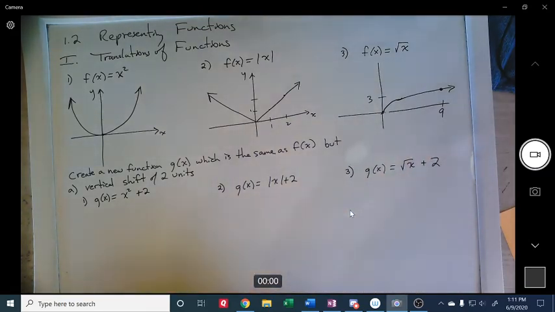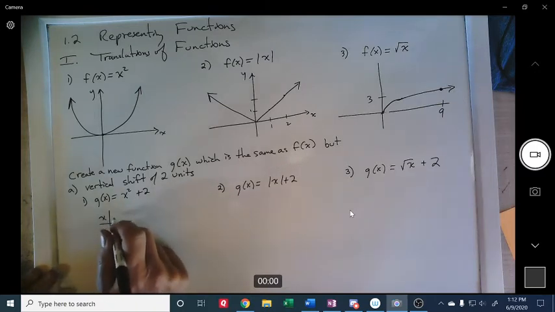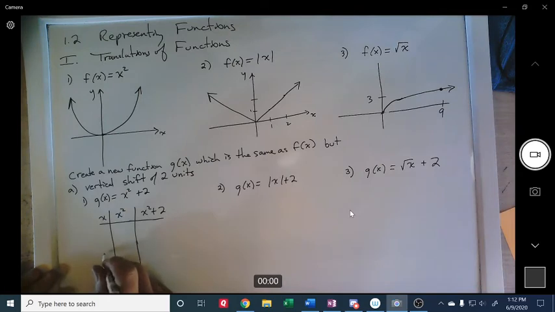Now, why in the world does this shift everything up? We can see this if we take a little table. X squared plus 2. If I took 0, -1, -2, 1, 2.